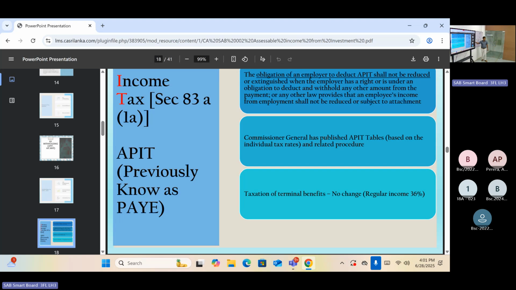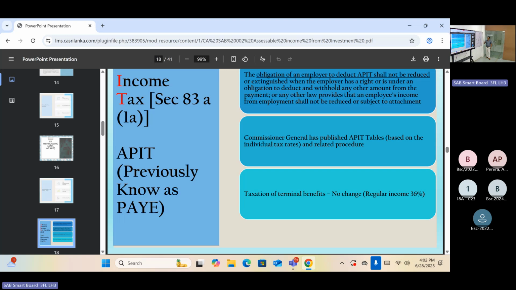EPF, if the fund is approved by the Commissioner General, the total amount is tax exempt. ETF, investment income is tax exempt, 3% is liable. Compensation for loss of office, if the scheme is a uniform scheme, then it comes under this as a terminal benefit. Otherwise it comes under here, not under the terminal benefit.